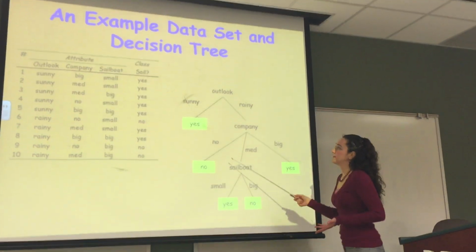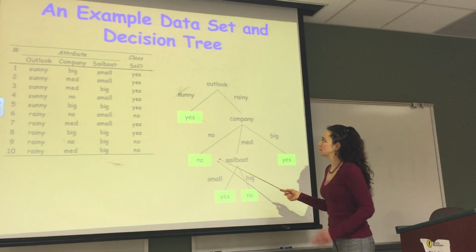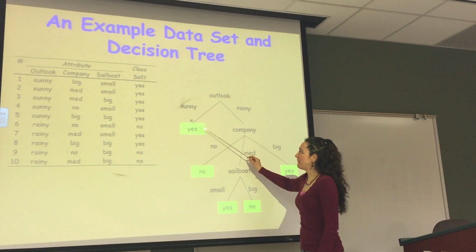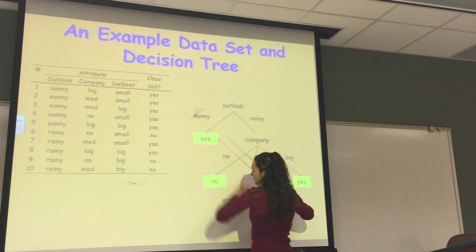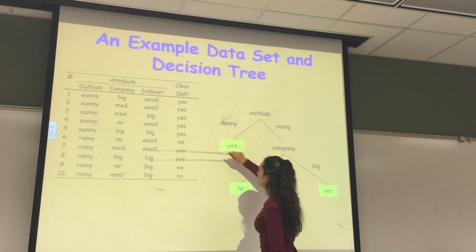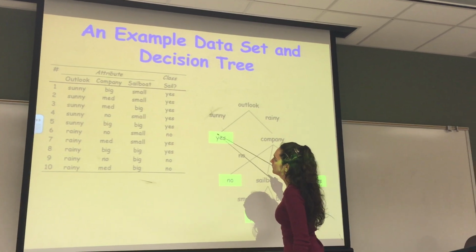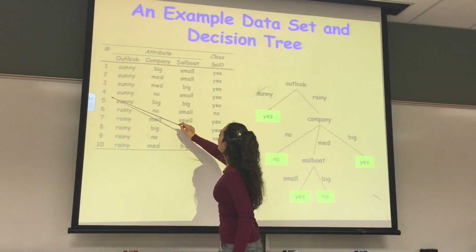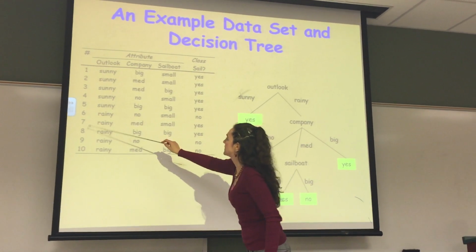When we split the data, this means we are taking all of the objects that have that property and putting them on this side of the tree. We take the whole data, and the objects that have a sunny outlook will be objects 1, 2, 3, 4, 5, and objects 7 and 8.